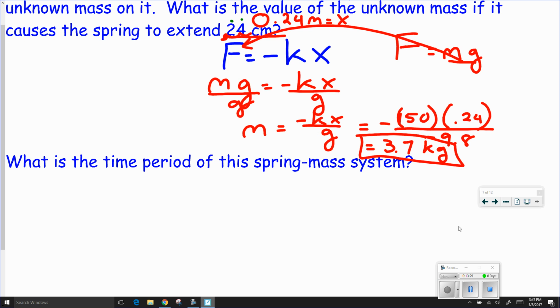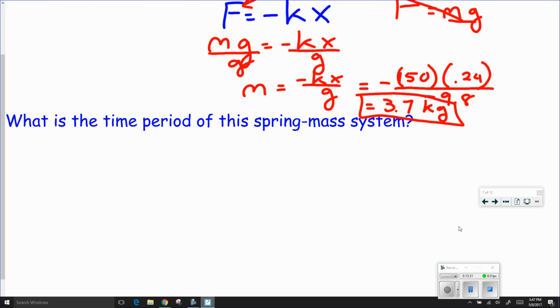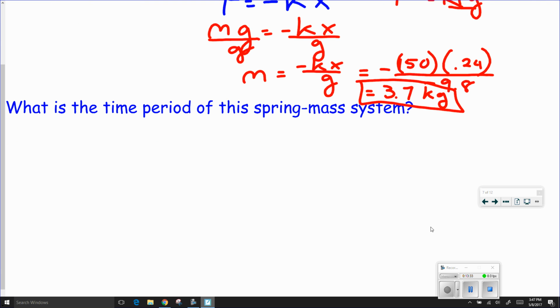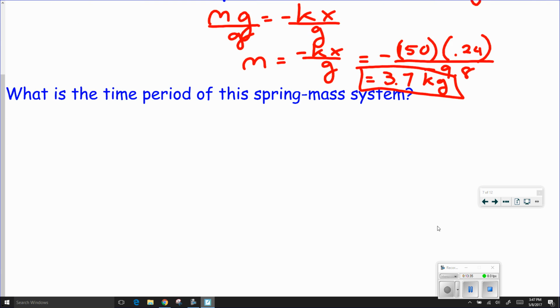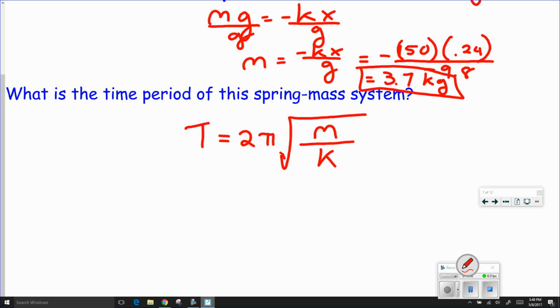Let's go back to this example problem and use that equation in order to come up with the time period of this spring mass system. So we've got the time period equals 2 pi times the square root of the mass of the weight divided by the spring constant.